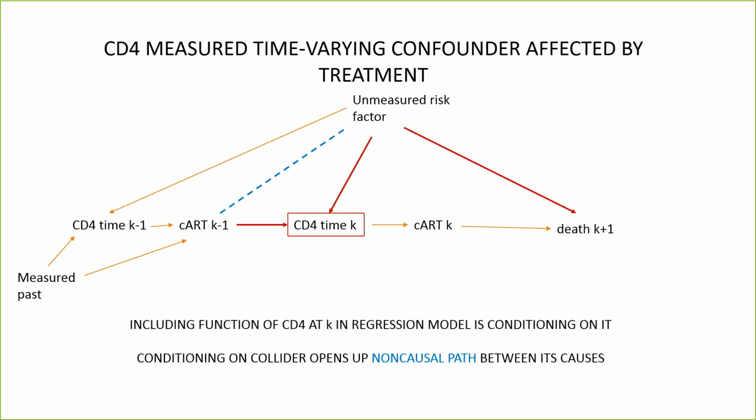And when you condition on a common effect of two variables, you actually create an artificial association between them, a non-causal association. So the coefficient on time-varying treatment in my model is actually capturing this path as well as any directed paths on this graph. So it's capturing a non-causal pathway.